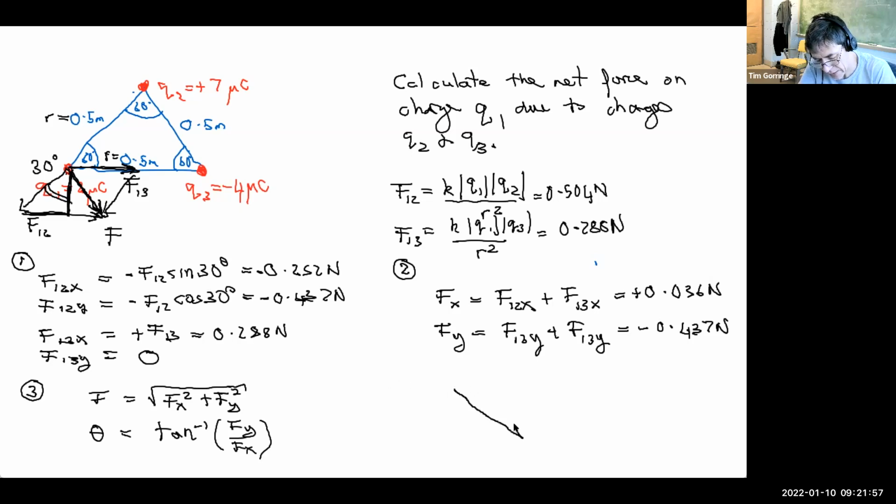So here is F, and here is Fx, its x component, and here's its y component. Now, I haven't drawn this to scale, but I wanted to show you the relationship really just between the magnitude of the force and the x and the y components of the force. So F is the hypotenuse of this right-angled triangle. And so this first equation is the relationship between the horizontal and vertical sides and the hypotenuse.